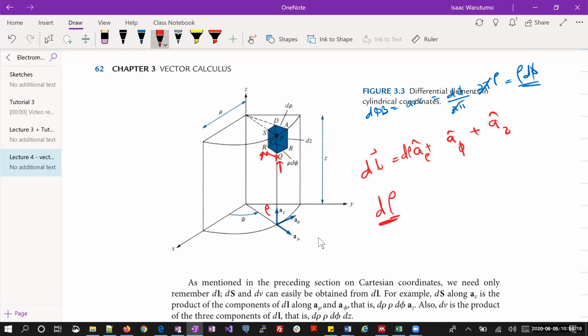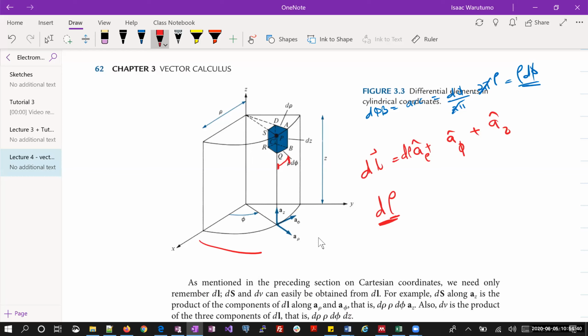Then I'm going to keep on rubbing this one so that we see where we are. The other length is from point Q to point B. It's actually a curve, like part of the circumference.